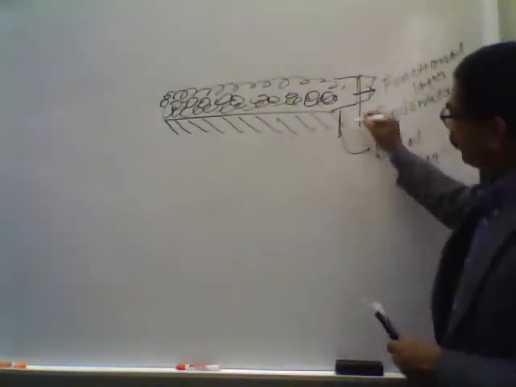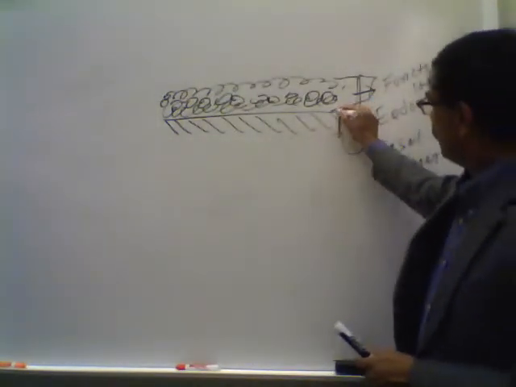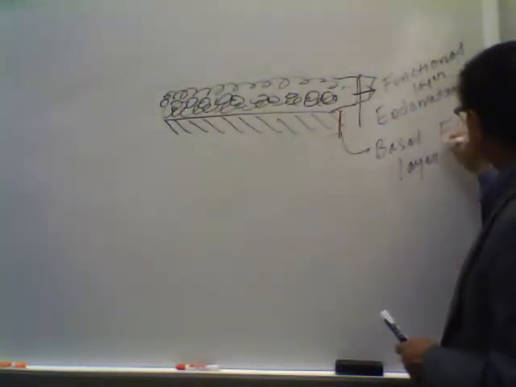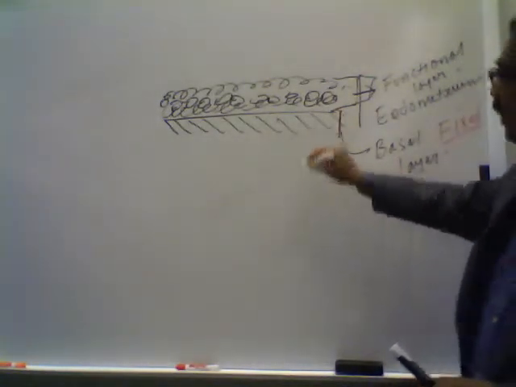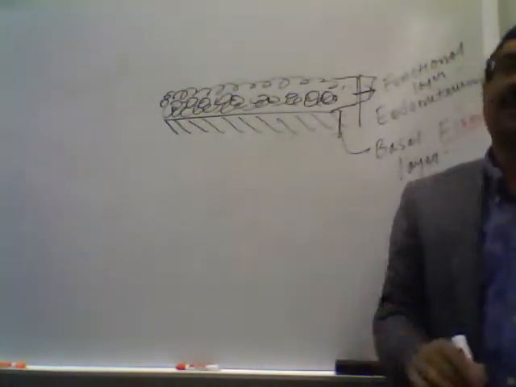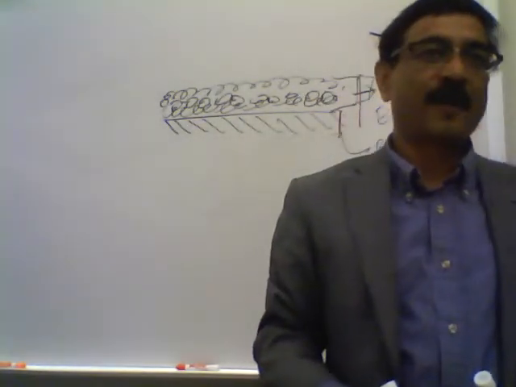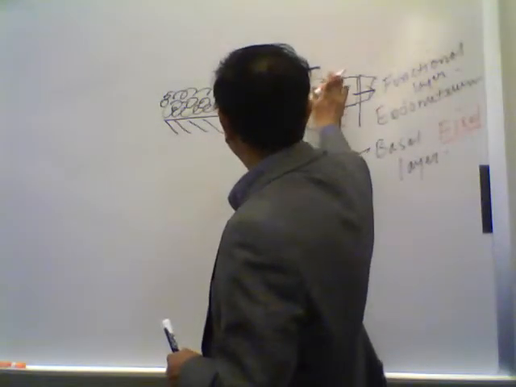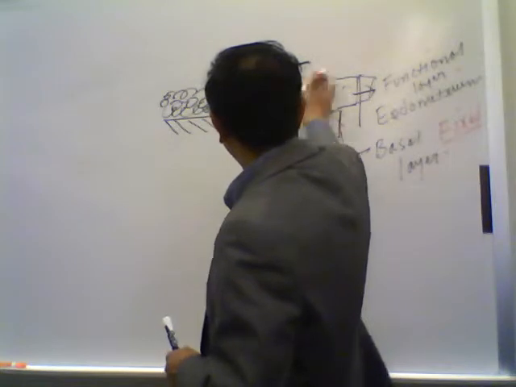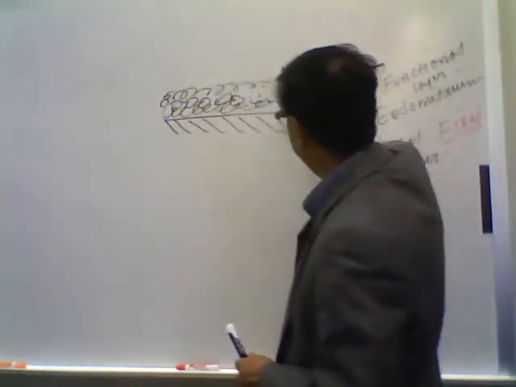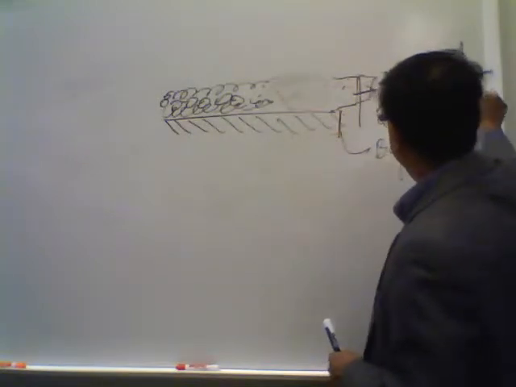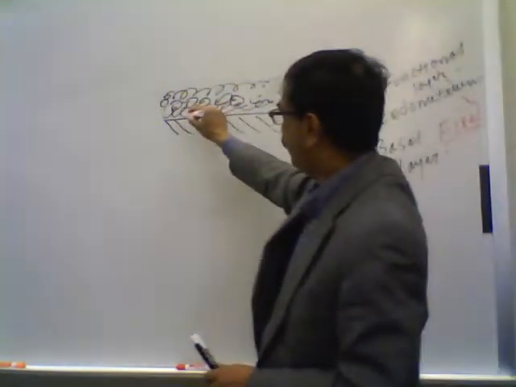Now, this basal layer is fixed, will not change. The functional layer is destroyed. If fertilization doesn't occur, the functional layer is destroyed completely. The whole functional layer will be destroyed, and then again a new functional layer will be formed. Again it will be destroyed, and again a new functional layer will be formed.